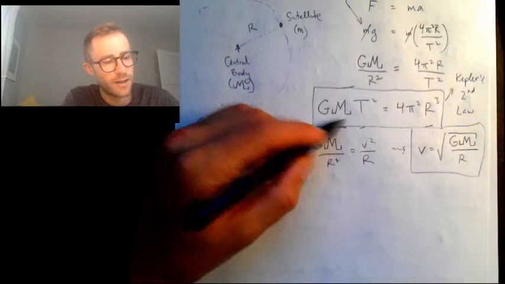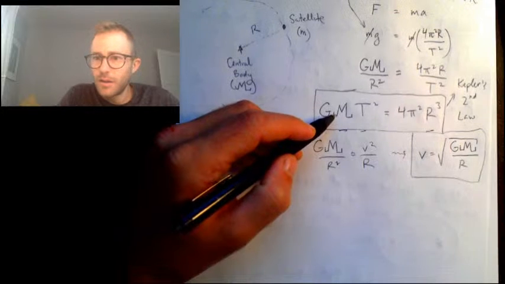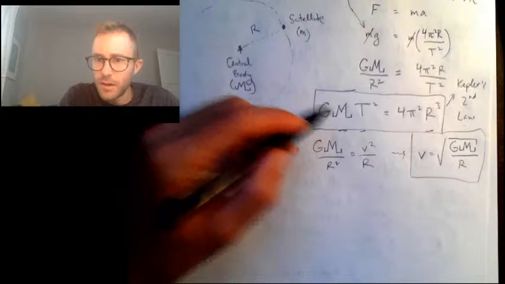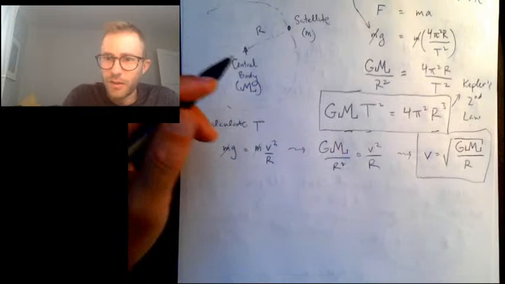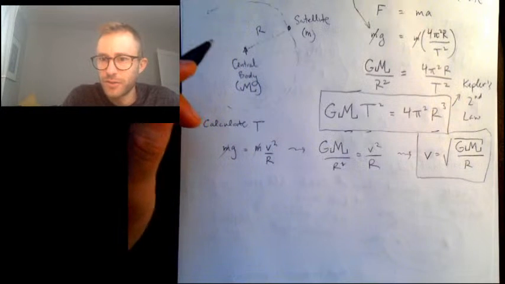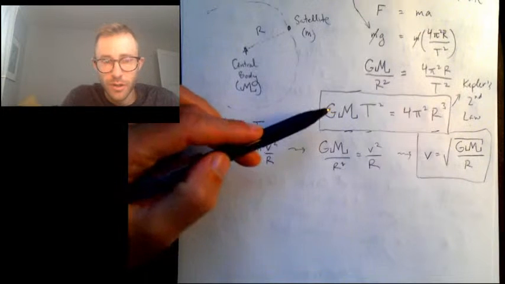Alternatively, if we knew the mass of the central body, there's a really great question in the chat, which is, does that mean we can't measure the mass of something if it doesn't have a satellite? This is surely the most accurate way to do it.